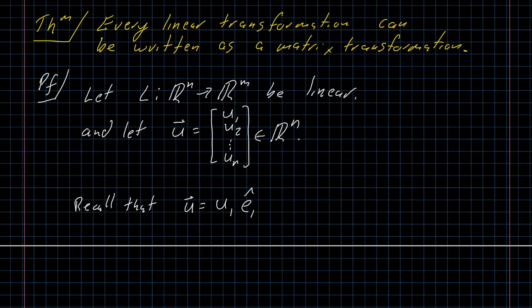Remember, that's the vector with a 1 in the first component and zeros everywhere else. I can take my second component of u, u2, and multiply it by e2 hat. That has a 1 in the second component and zeros everywhere else. And I can keep doing this for all of the components up until un, en hat at the end.